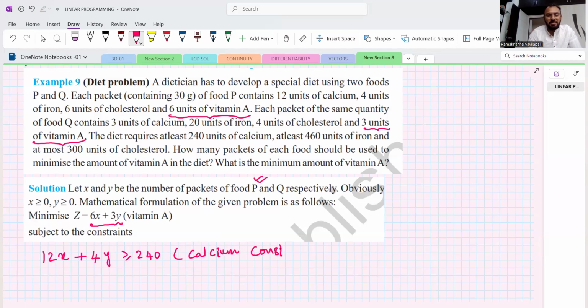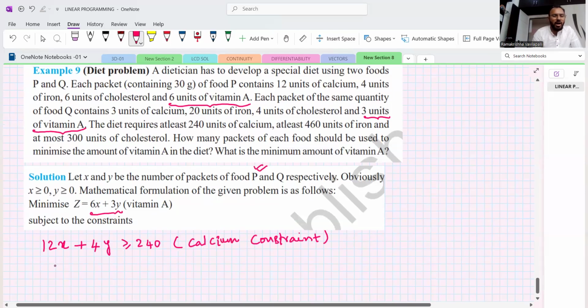We have three constraints. On simplification, you will get 3x plus y greater than or equal to 80.